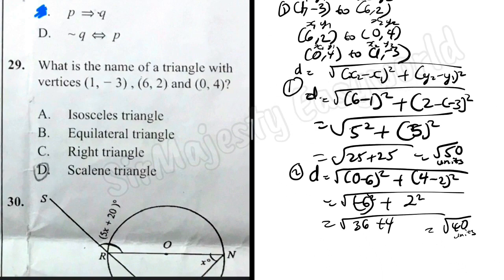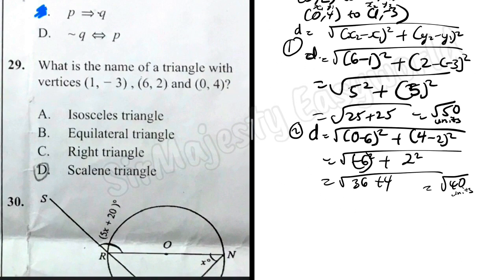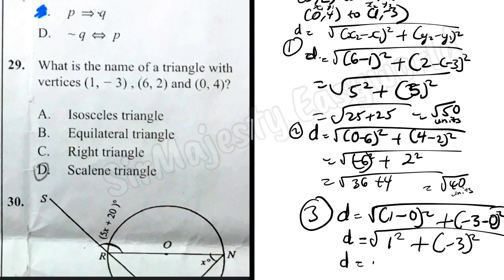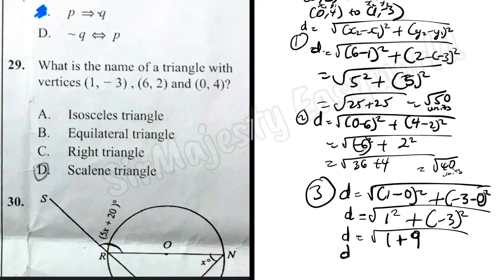So let's do the next part, number 3. D is equal to the root of (1 minus 0) squared plus (minus 3 minus 0) squared. So D is equal to the root of 1 squared plus minus 3 squared, that's 1 plus 9, because minus 3 squared is 9.